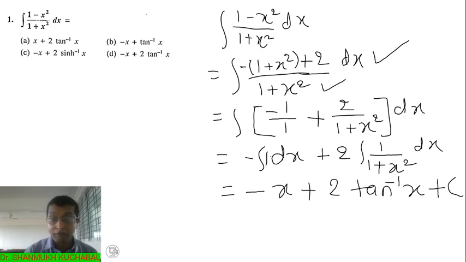Remember all of you, if it is indefinite integration, we have to add the constant of integration as plus c. Therefore minus x plus 2 tan inverse x is the solution. Therefore option D is the right answer.